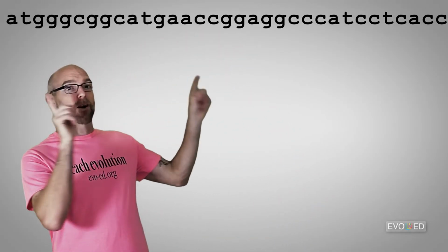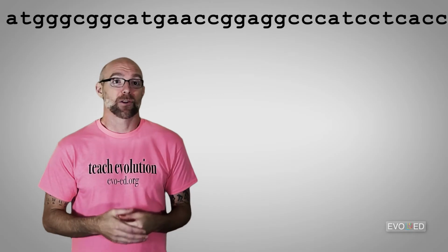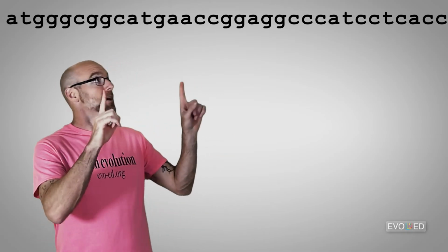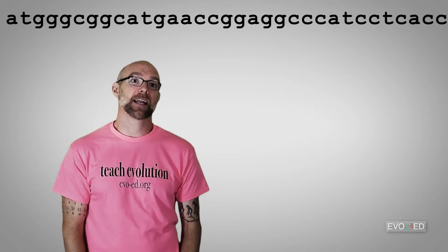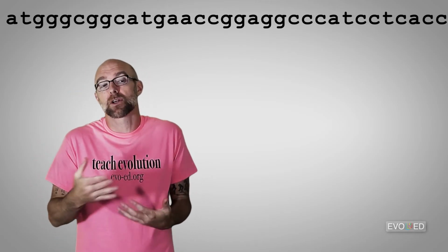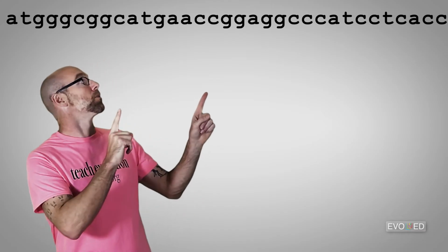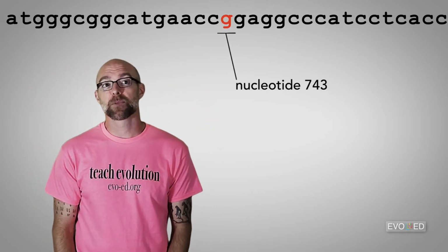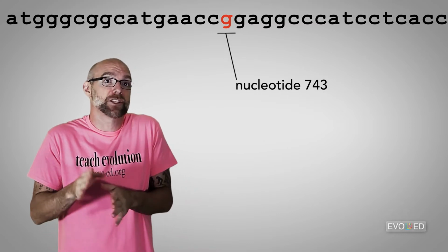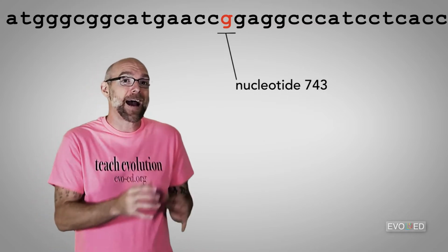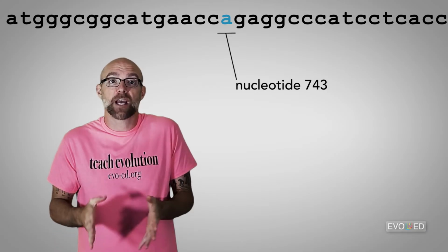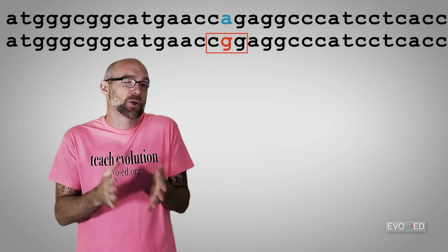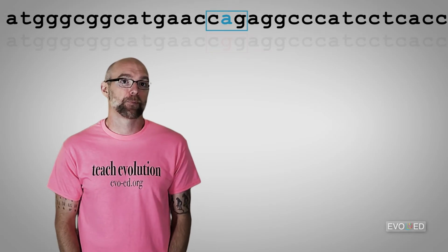Okay, here we're looking at a stretch of nucleotides around the middle of the TP53 gene. Now, this is only half of the DNA helix. It's what we would call the coding strand. And right here is position 743. A single nucleotide change from a guanine to an adenine at this position would change the codon at that location from a CGG to a CAG.